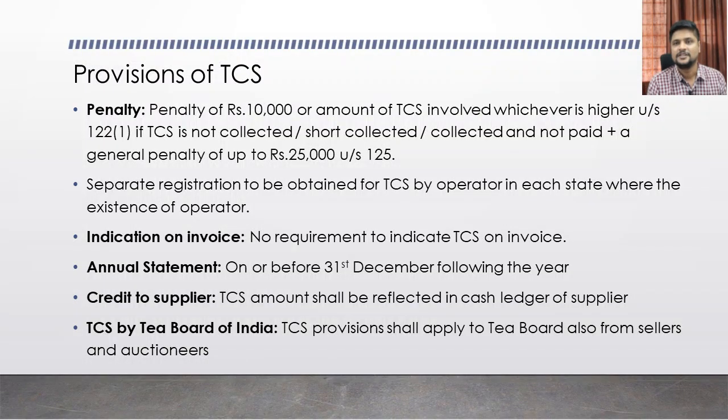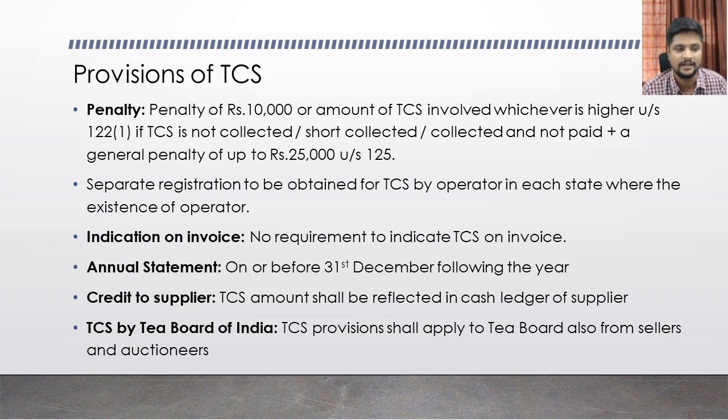If the TCS provisions are not complied with, there is a penalty clause. Penalty of 10,000 or the amount of TCS involved, whichever is higher, will be levied under section 122 subsection 1, if TCS is not collected, or if the TCS is short collected, or if the TCS is collected but not paid. Plus, it does not stop with that, plus a general penalty of up to 25,000 under section 125 will be applied.